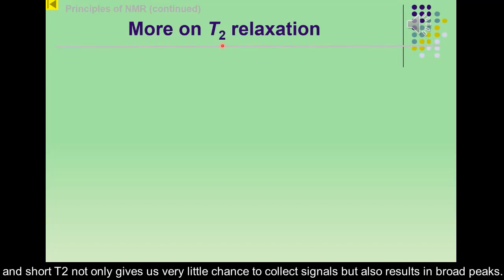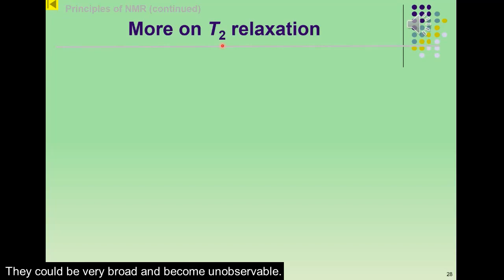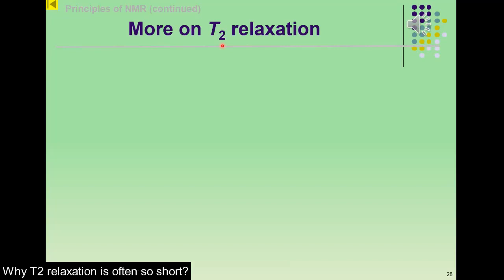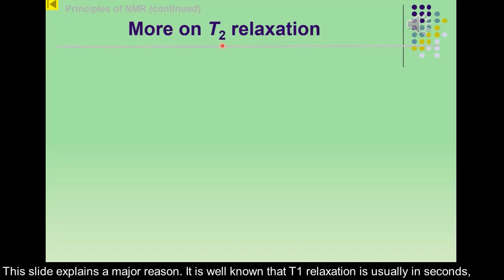And short T2 not only gives us very little chance to collect signal, but also results in broad peaks. They could be very broad and become unobservable. Why is T2 relaxation often so short? This slide explains a major reason.